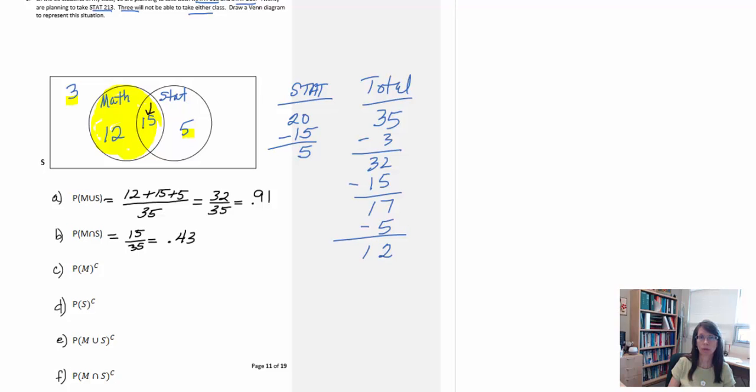So out of the total, we need to take 27 away because 27 students are taking math. So 35 minus the 27 divided by the total number of students, which is 35. So that gives us 8 out of 35. And 8 divided by 35 gives us 0.23.